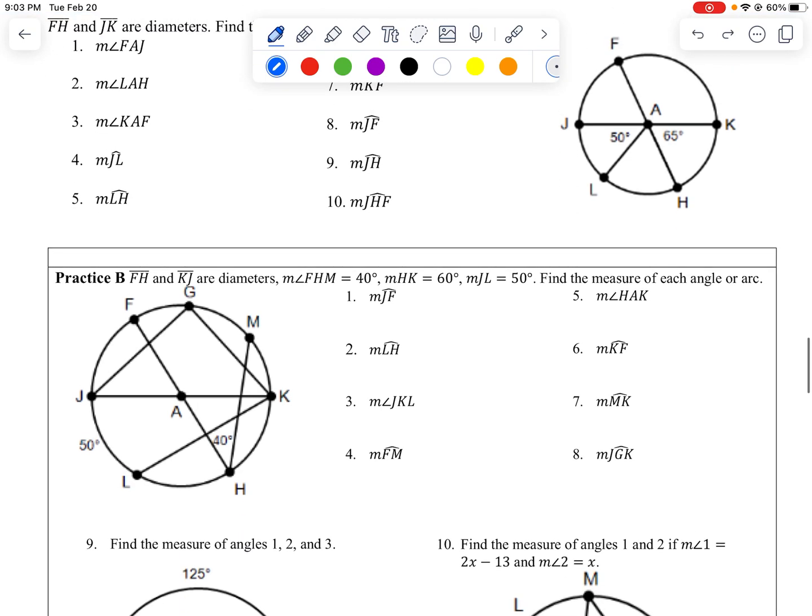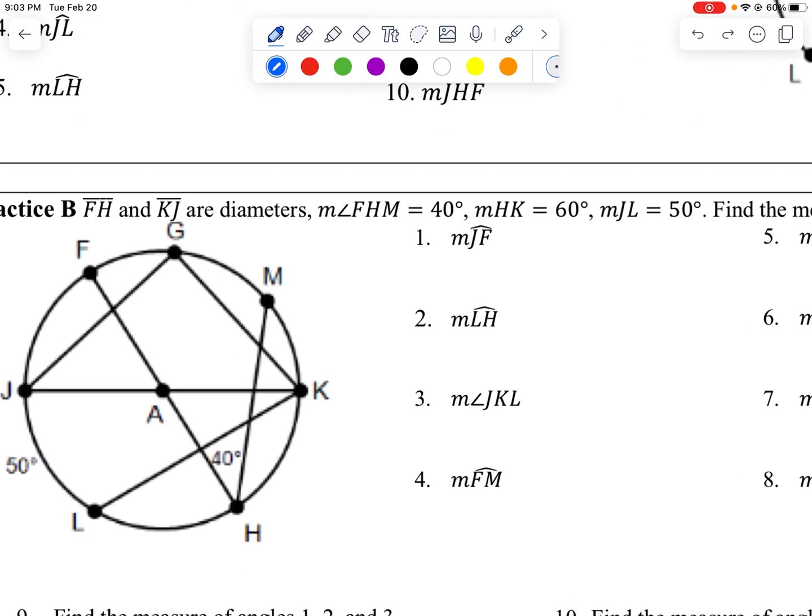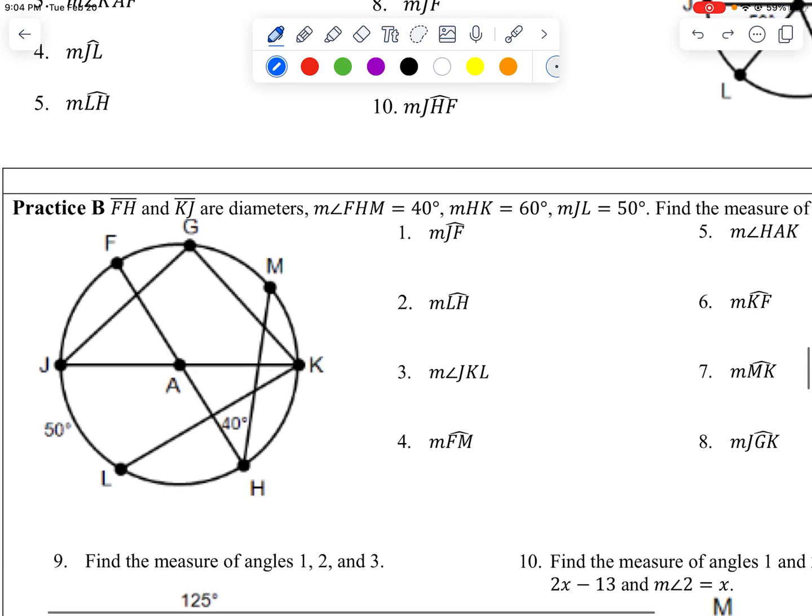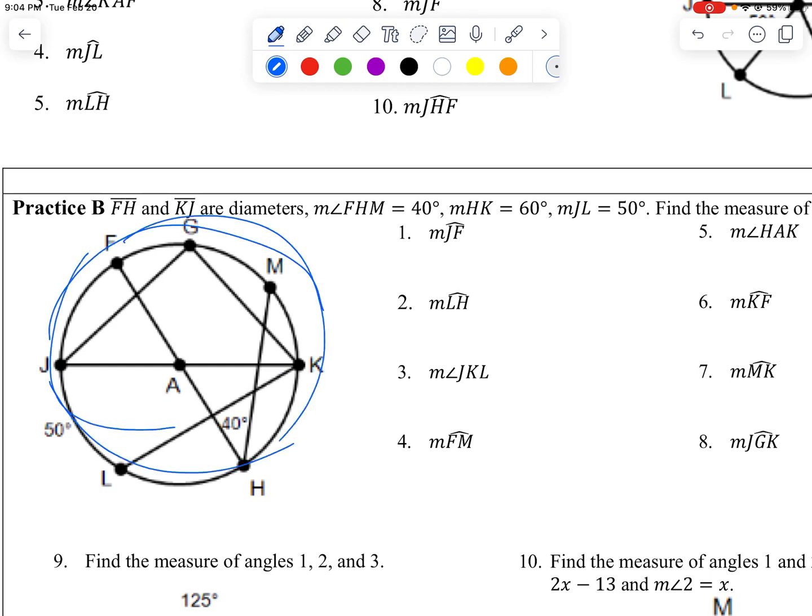So let's actually use practice B as an example of what's going on. Once again, reading this helps a lot. Realizing FH is a diameter and then JK is also a diameter is important because it splits it into 180 sides here, right? We got pairs of 180 semicircles.